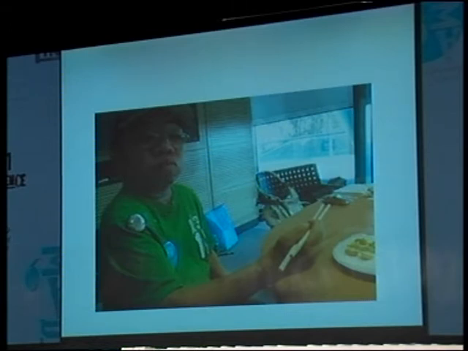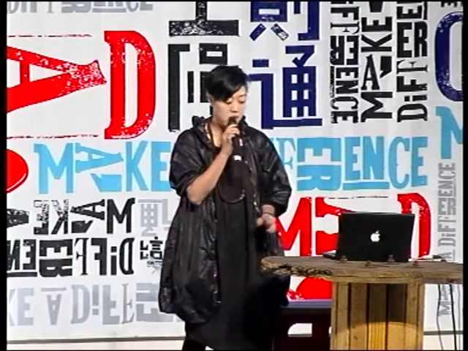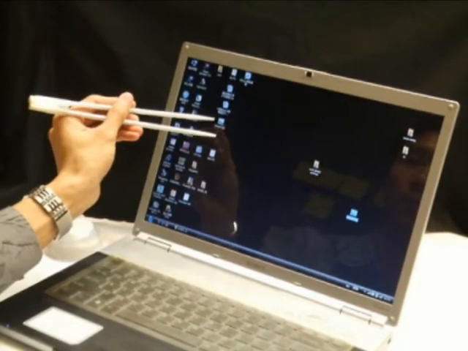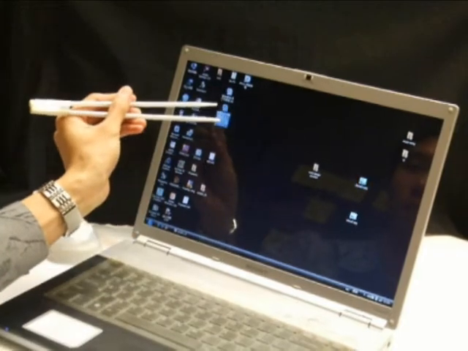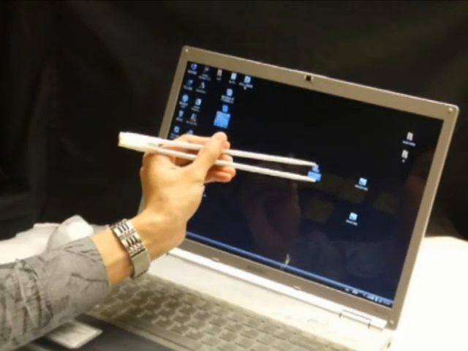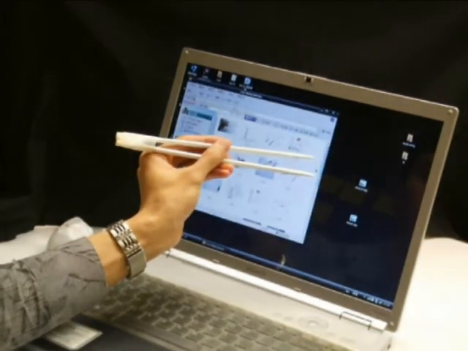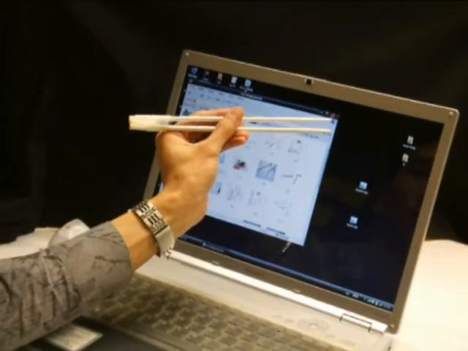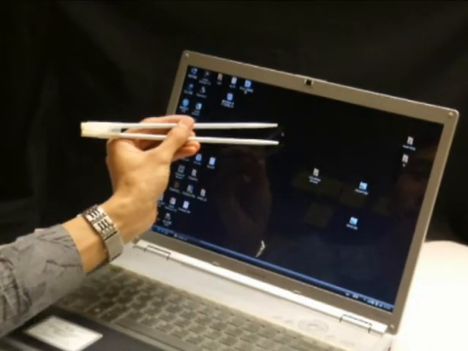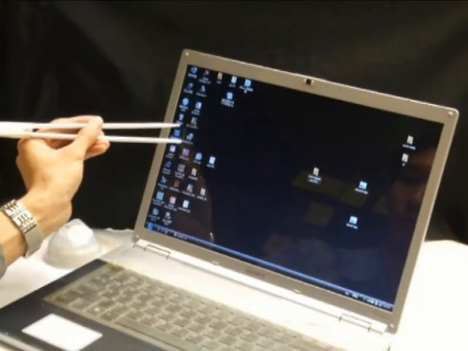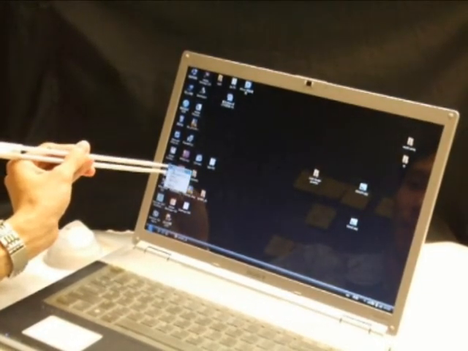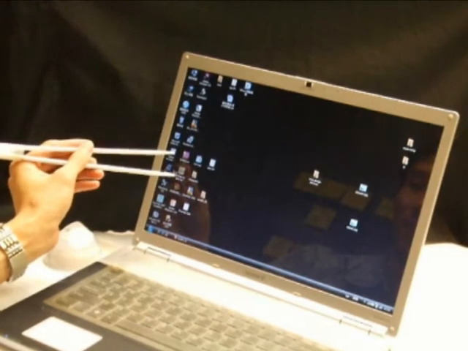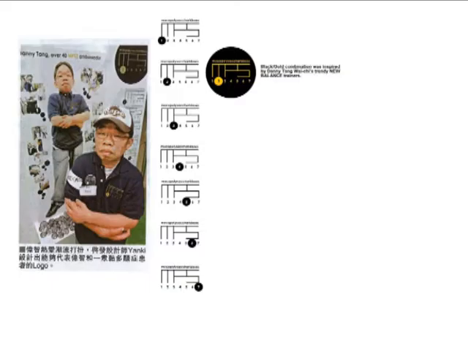So through this interaction, a designer made something very creative, asking what if the mouse is not a mouse, it's a chopstick. All the Chinese will be really good at it. This is something a 48-hour workshop produced. Thanks to all the designers.